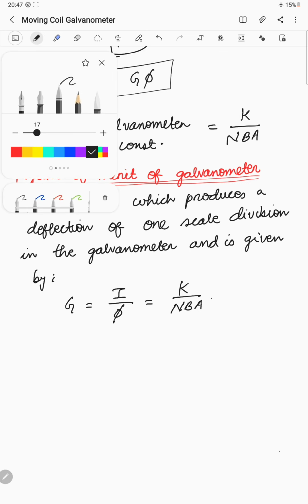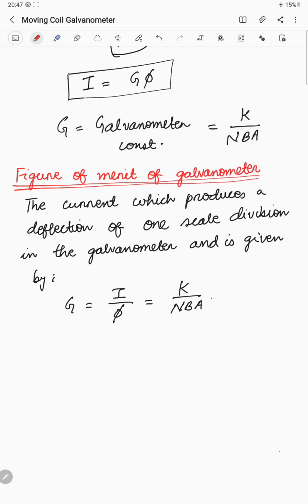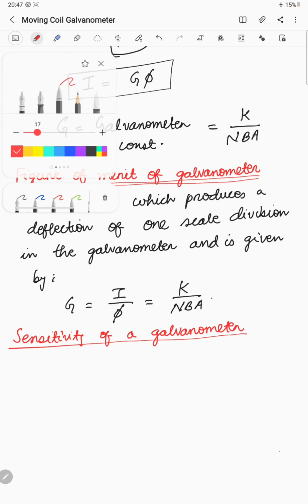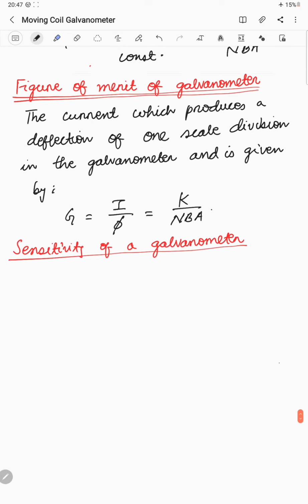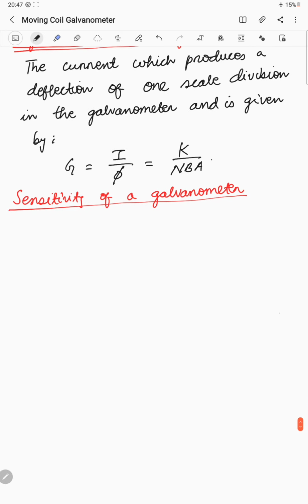Another term associated is the sensitivity of a galvanometer. When are we going to say that the galvanometer is sensitive?